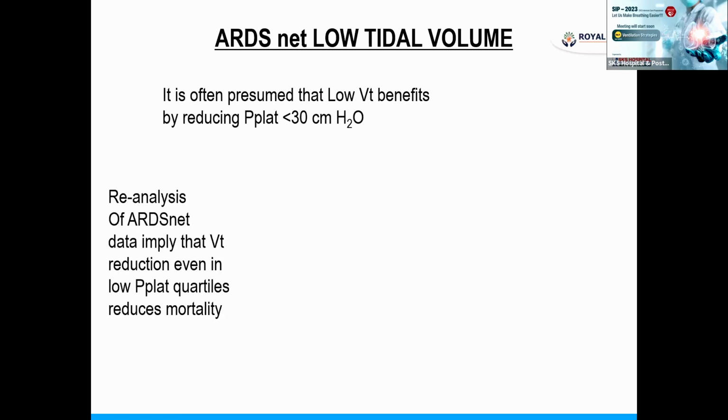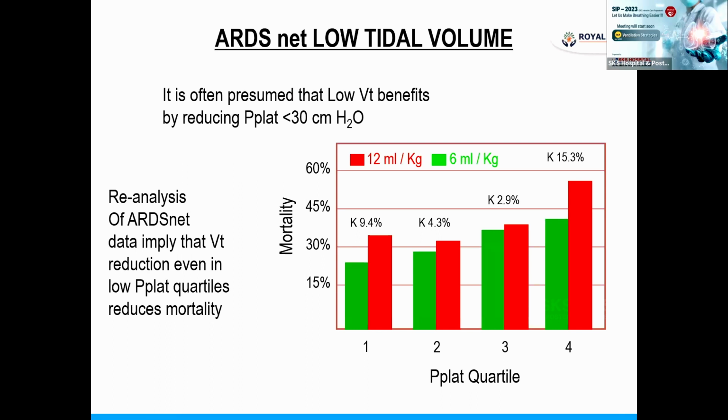So they did a further analysis of the findings of this study and found that at different levels of plateau pressure, like say 20, 25, 30, and 35, even at all the levels of plateau pressure, when you compare 6 ml per kg and 12 ml per kg, definitely the mortality was less with 6 ml per kg.